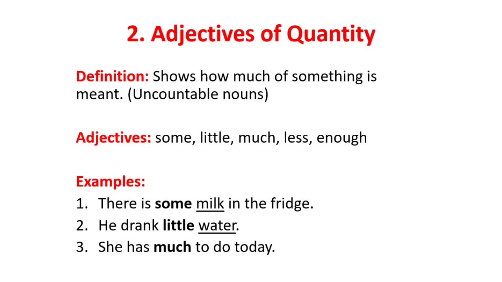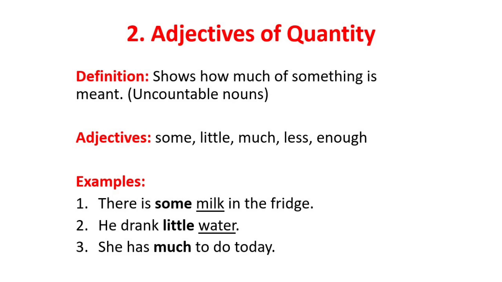There is some milk. Now see the second example: he drank little water. If you ask the question how much water he drank, what is the answer? He drank little water. So these adjectives answer how much the quantity is. How can you remember this? These adjectives show how much of something, and these adjectives come before uncountable nouns. This is how you can remember this.